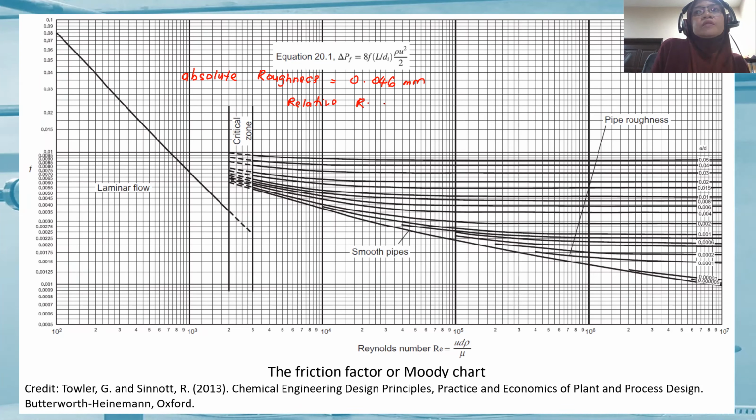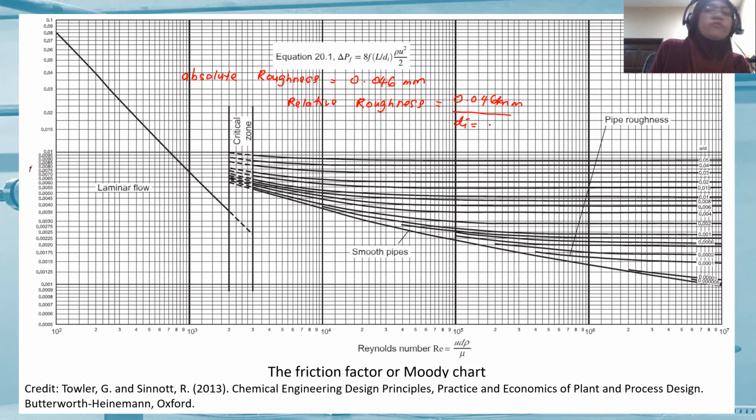So in order to get the relative roughness, what we should do is divide 0.046 millimeter by our internal diameter, this DI. Our DI is 25.